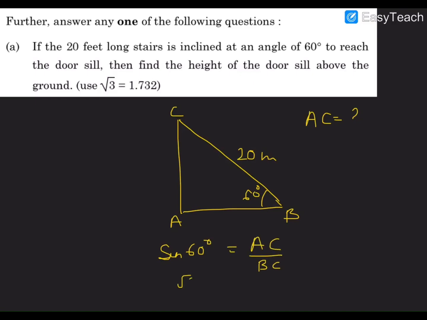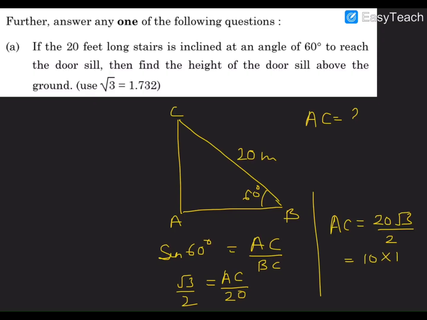Sin 60 is root 3 by 2, equal to AC by 20. So AC comes out to be 20 root 3 by 2, which is 10 root 3. Putting the value of root 3 as 1.73, 10 into 1.73 gives you 17.3 feet.